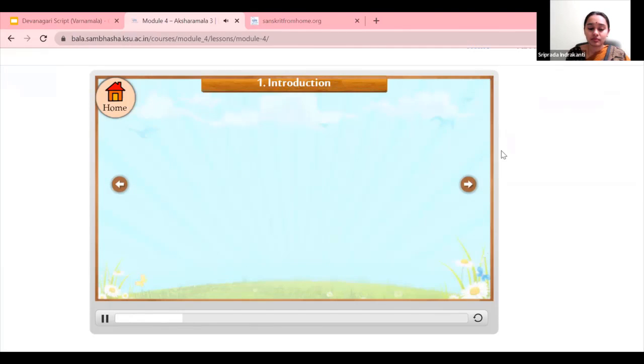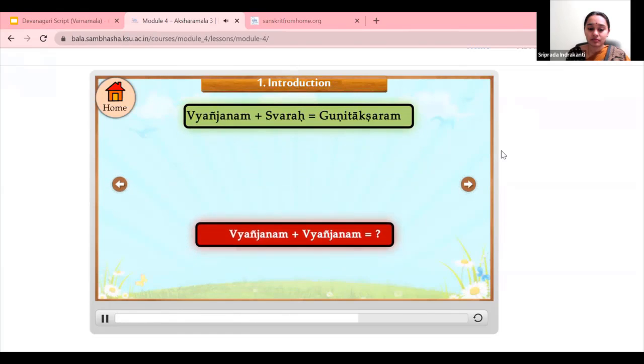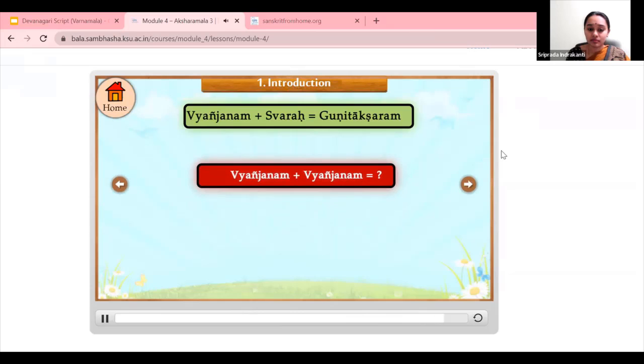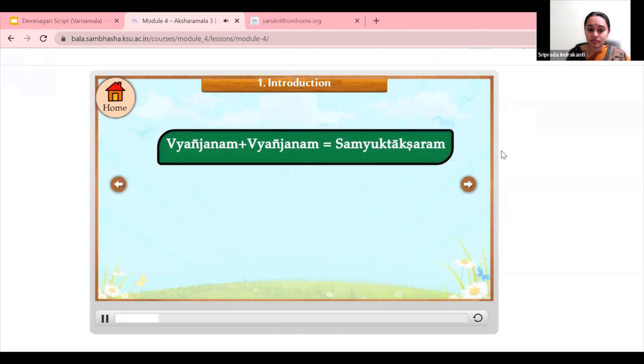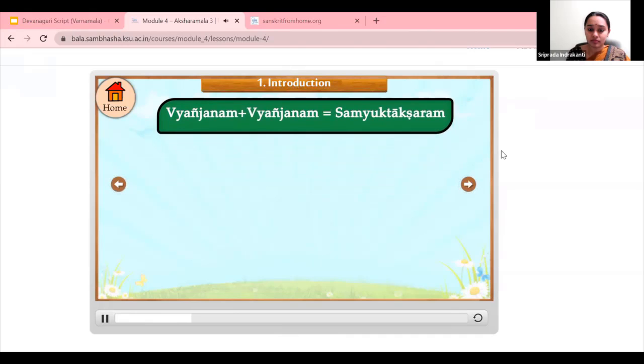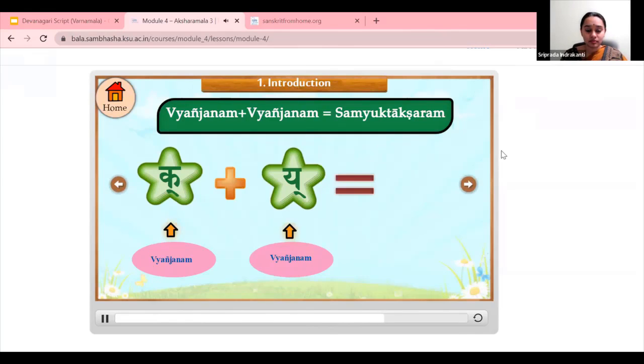Just like vyanjanas combine with swaras, they can also combine with other vyanjanas. This combination of vyanjanas is called Samyuktaksharam. For example, we have one vyanjana k and another vyanjana y. When these come together, we have kya, which is called Samyuktaksharam.